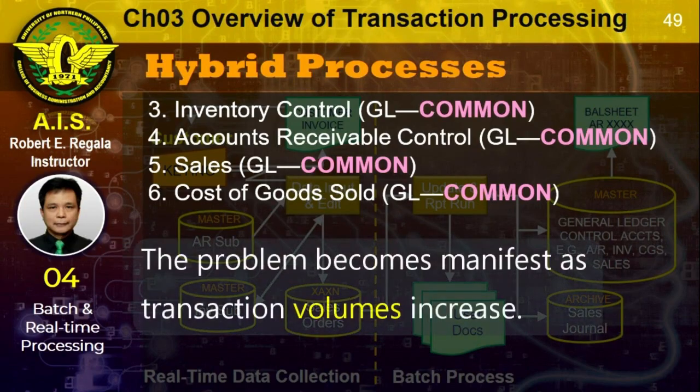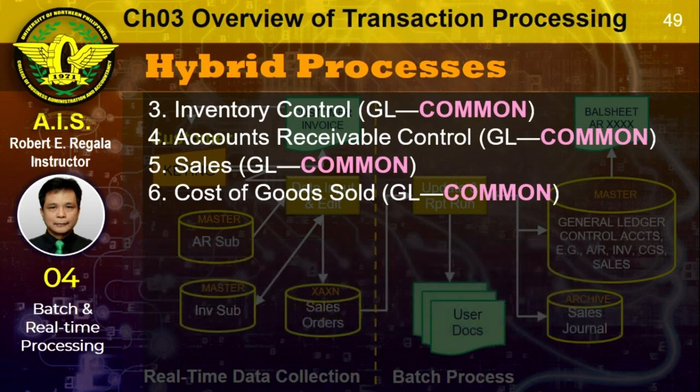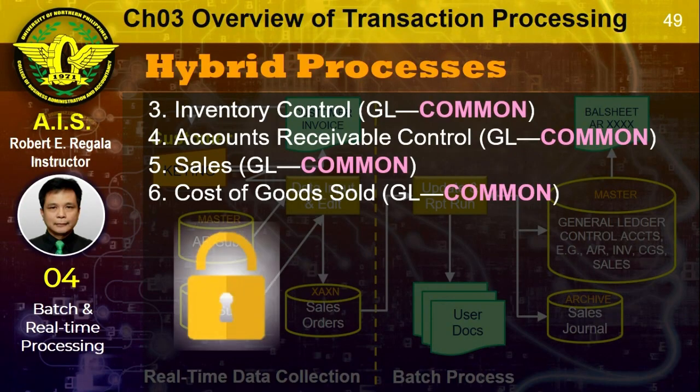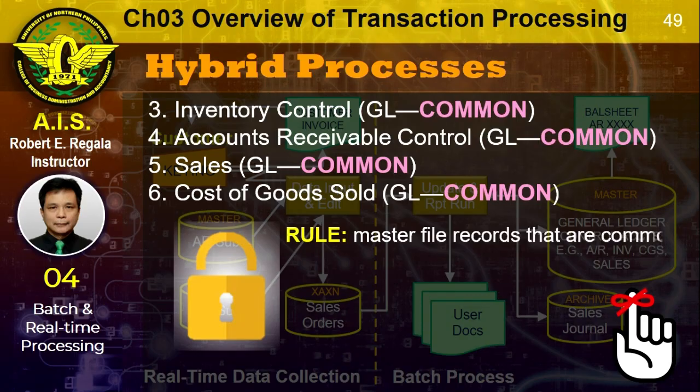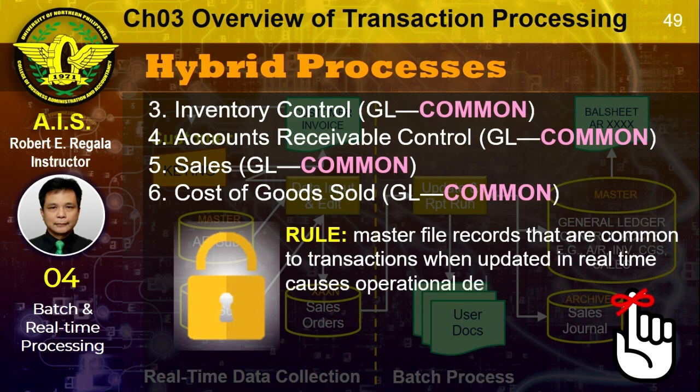This problem becomes manifest as transaction volumes increase. A 20-second delay in each of 500 customer transactions would create operational inefficiency on a chaotic level. Each of the 500 customers must wait until the person ahead of him or her in the queue has completed processing their transaction.